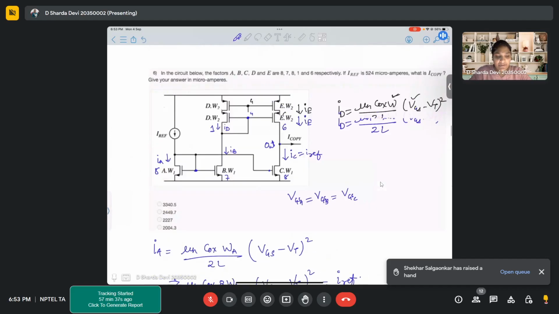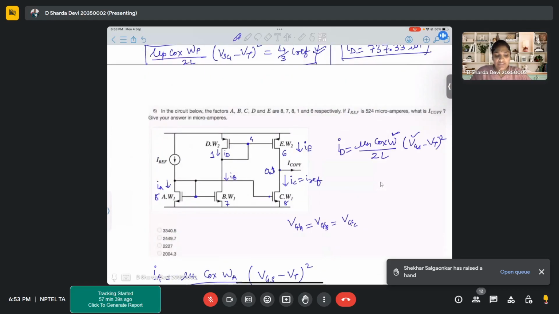We cannot say it like that because current is not actually being mirrored over there. When we say it is a mirror, that means the same current needs to flow through them. And that will happen when your width factors are the same. So is it the same with C and B, ma'am? C and B appear to be similar, but they are not actually identical. The current may be different.